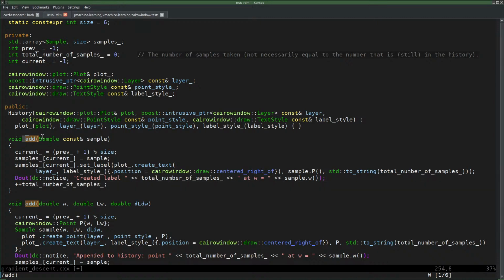If I call add, then the added label is the previous total number of samples after we return at least, because it was incremented. So I call add, and then the current label is what we last added, is equal to total number of samples minus 1.